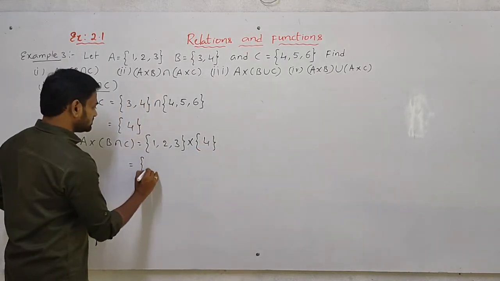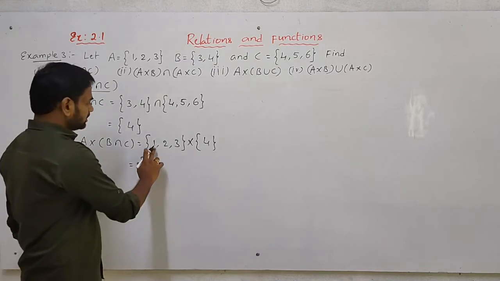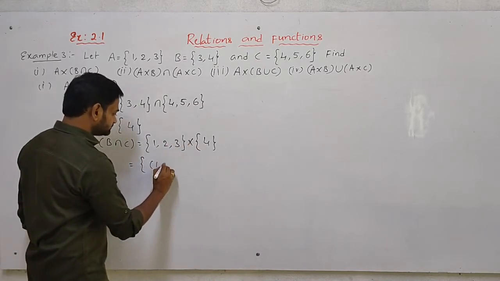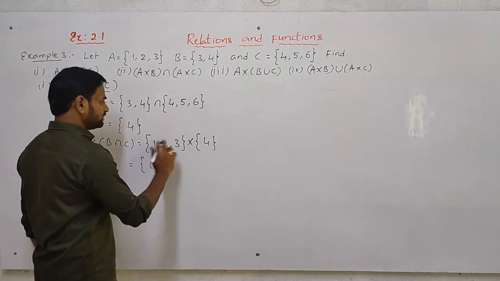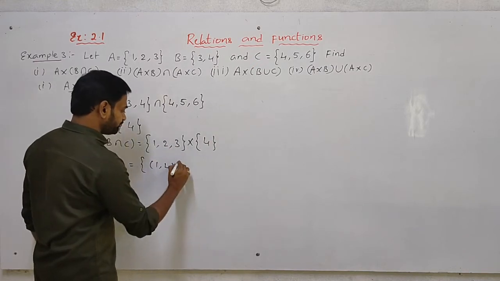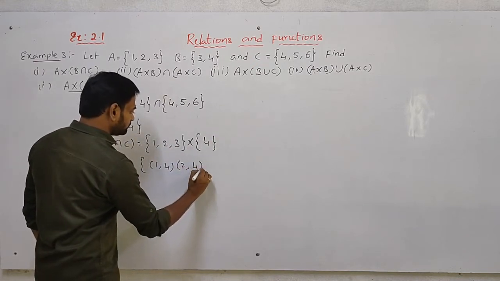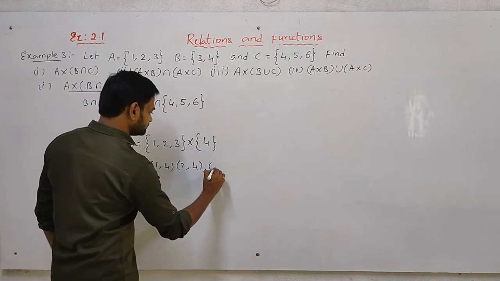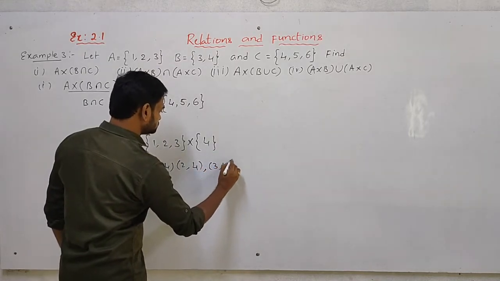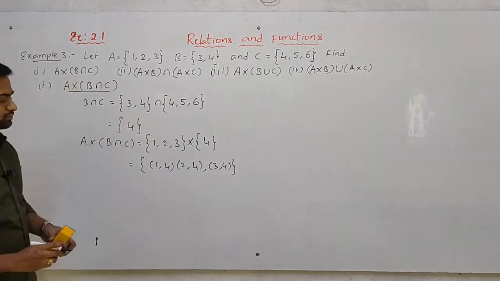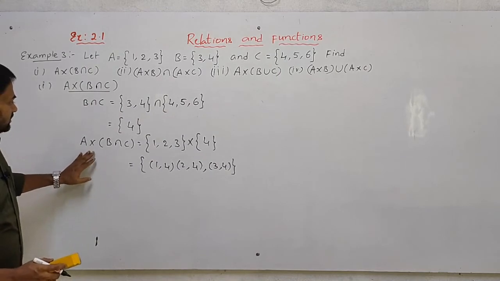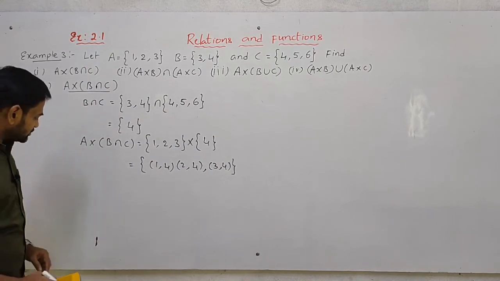That is, the ordered pairs are (1, 4). Next, with 1, 4 complete. Next, with 2: (2, 4). Next, (3, 4). This is which one? A cross of B intersection C.